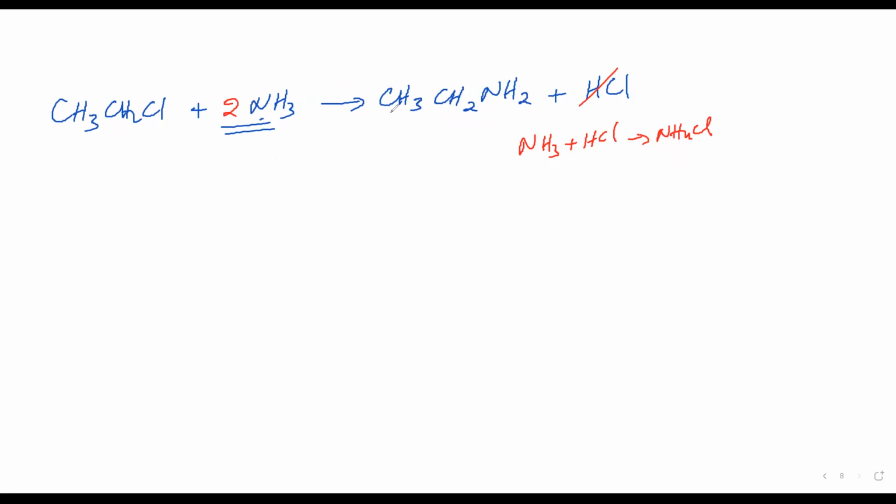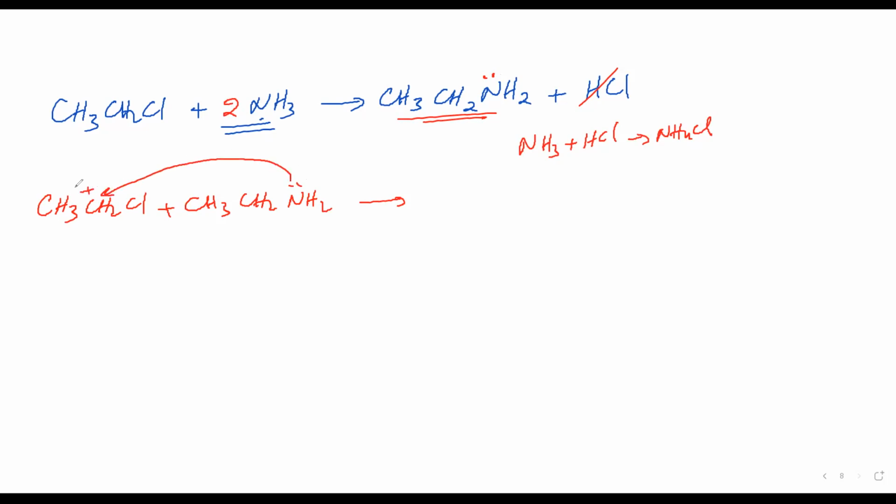But also, since this amine has a lone pair of electrons, the reaction could proceed, which means that the CH3CH2Cl would react with the product, CH3CH2NH2, exactly like when it reacted with ammonia. The lone pair of electrons of the nitrogen would attack the carbon.